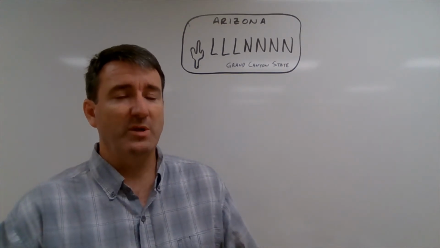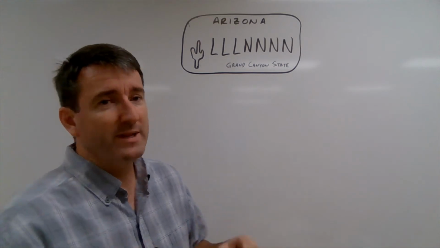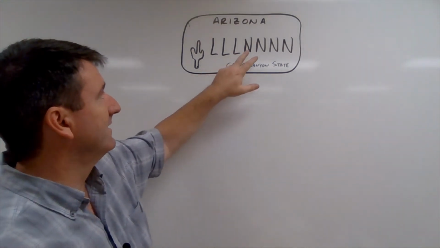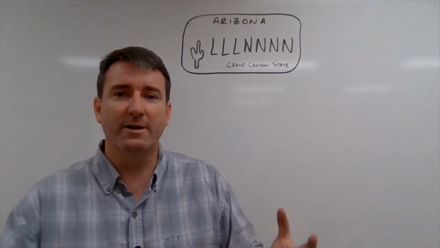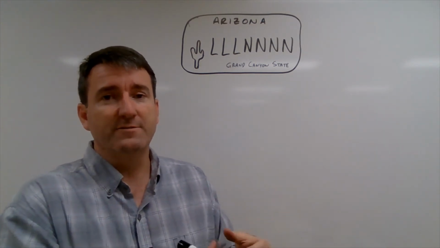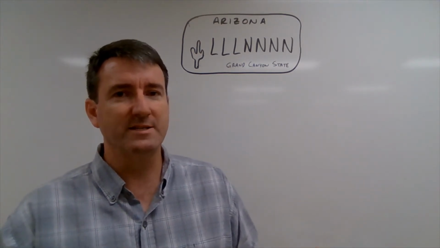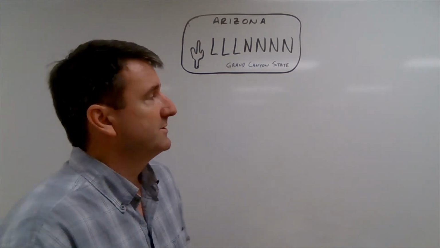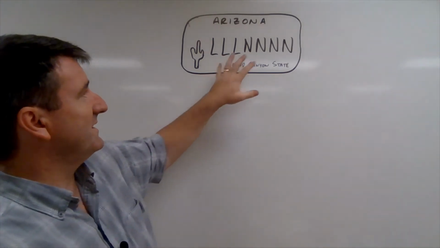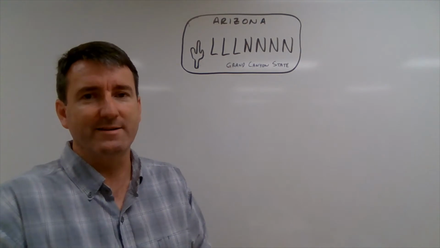The second example asks us how many license plates are available in Arizona following this format: letter, letter, letter, number, number, number, number. So in Arizona, our license plates generally follow the pattern of 3 letters followed by 4 numbers. And we want to know how many of those types of license plates are available. So this is going to be the same as before, only now we've got letters, and there are 26 letters in the alphabet.